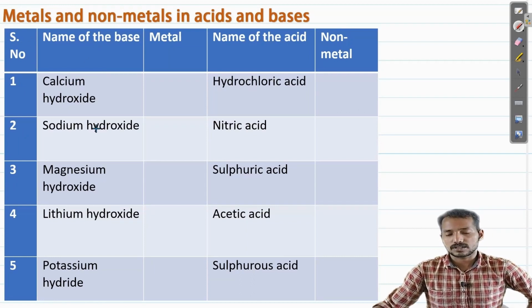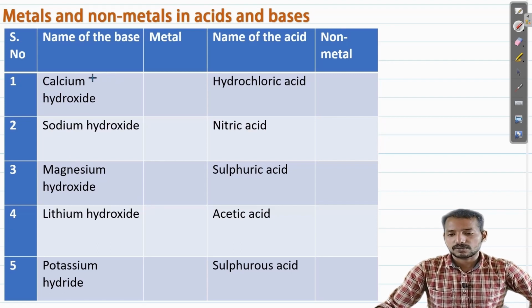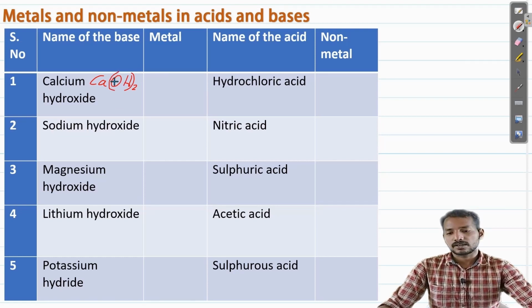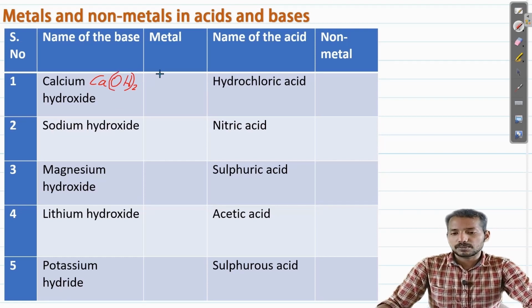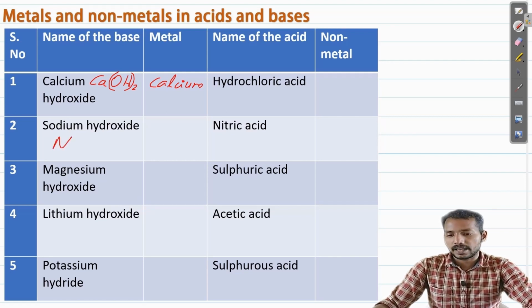First column is bases. Okay, calcium hydroxide is a base. Its chemical formula is Ca(OH)2. The OH represents hydroxide. Clear? So here the metal present is calcium. And in case of sodium hydroxide, NaOH, sodium and OH is hydroxide.